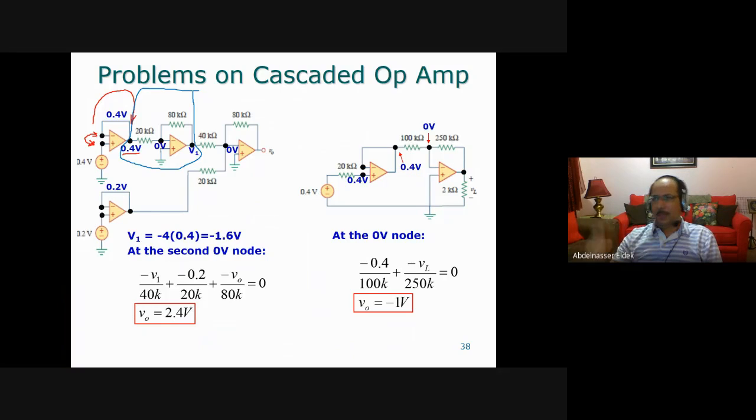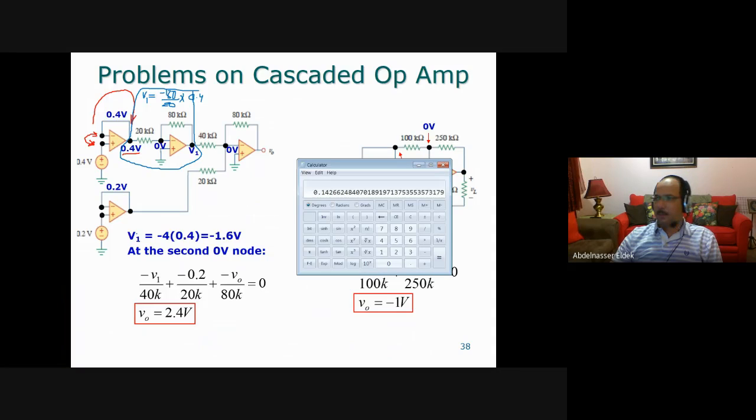But if you notice that it is an inverting amplifier, in this case, the output here, which is called V1, equals negative 80K divided by 20K. I don't need to write K because they will cancel each other, multiplied by the input, which is 0.4. That's it. Okay.